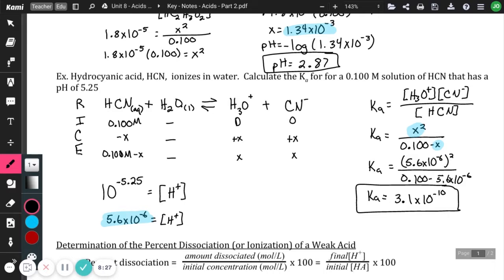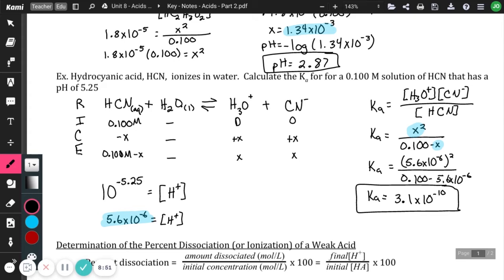All right, so here is what you should have ended up doing. The very first thing you should have done is write out your RICE table. Now, the next thing is we're solving for our Ka value, which means we're going to need to know what x is. We need to know what that concentration is. To find that, we can take our pH and raise 10 to the power of the negative of whatever our pH is.